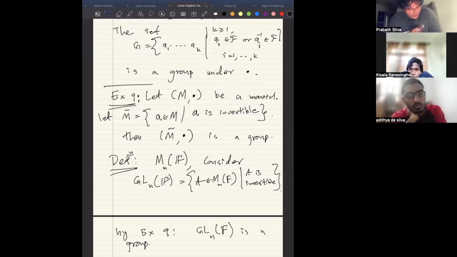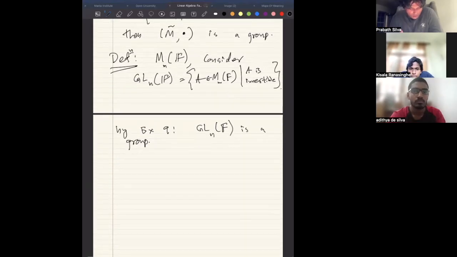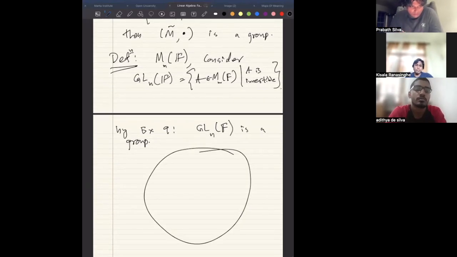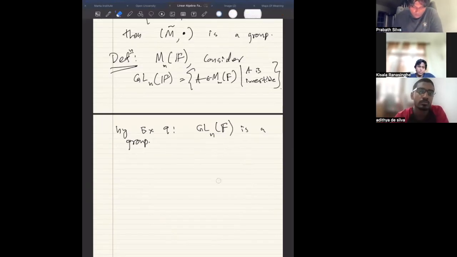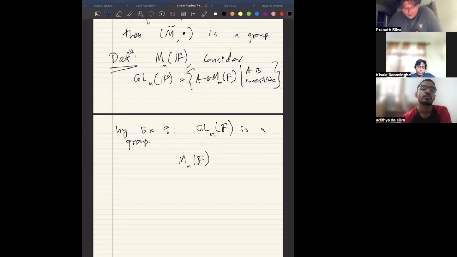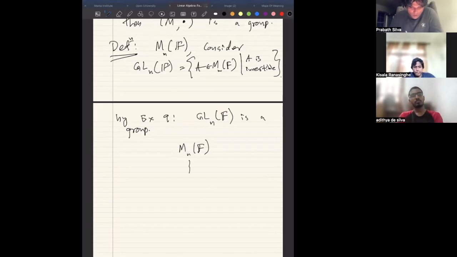Now the interesting thing is, it's a nice picture. So we have this guy, all the n by n matrices, and then you have this group. These are all the invertible matrices, right?